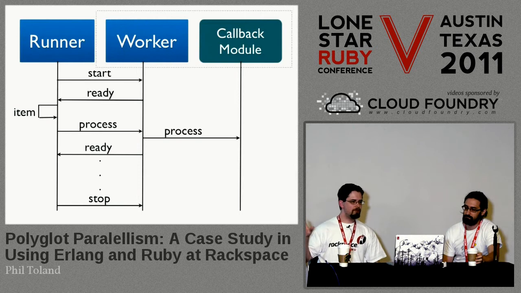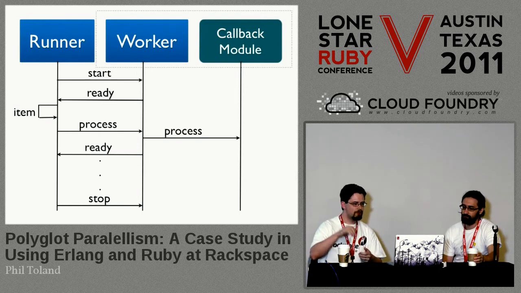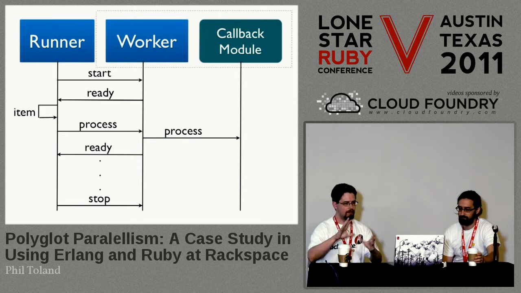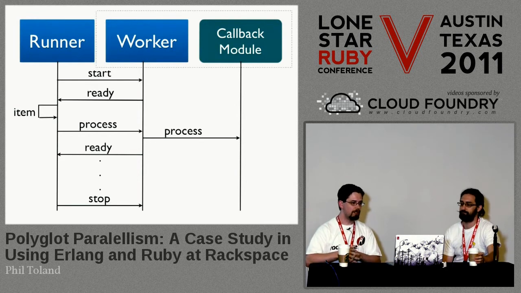The communication between the runner and the worker is very interesting. What happens is the runner starts a worker, and the worker is an Erlang process. It's a lightweight process. It runs entirely independently of the runner. So the runner starts the worker, and the worker sends a message back saying, "I'm ready." At that point, the runner pops an item off of its internal queue and sends that item to the worker saying, "Process this item."